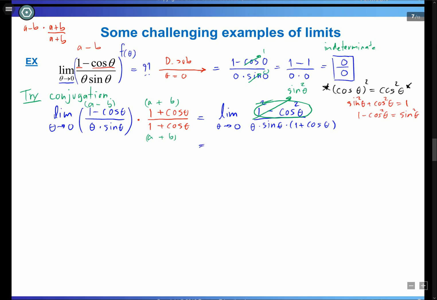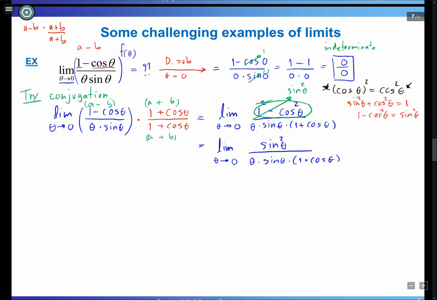So let's take a look here. The limit stays the same, theta approaches 0. In the numerator, we have sine squared theta instead, divided by the whole terms: theta times sine theta times (1 plus cosine theta).